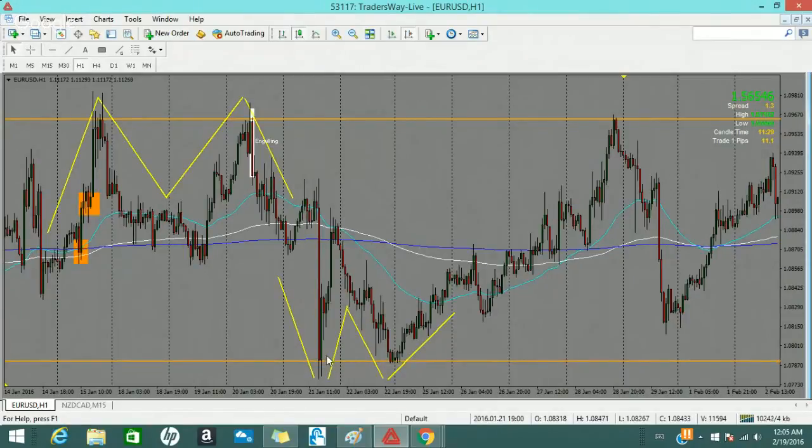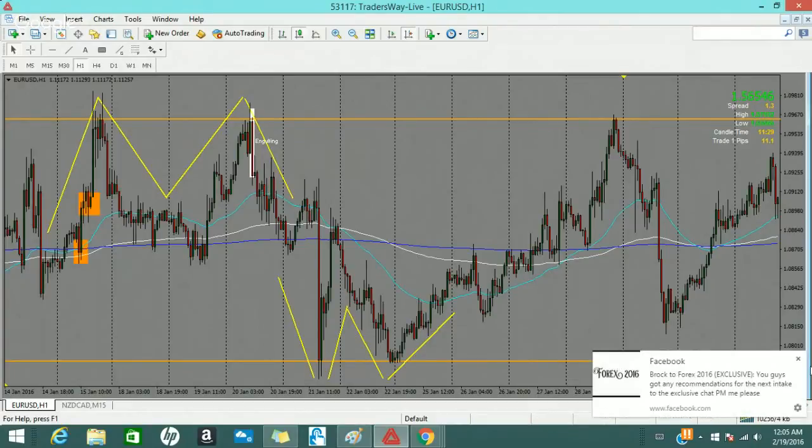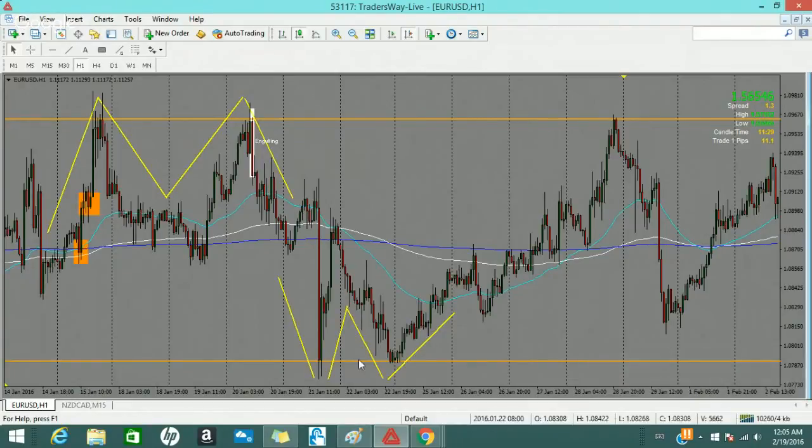Now you wait to see if price is going to come back and retest that. Now price started to come back, and look at that. It retested it. Did it break it? No, it did not break it.